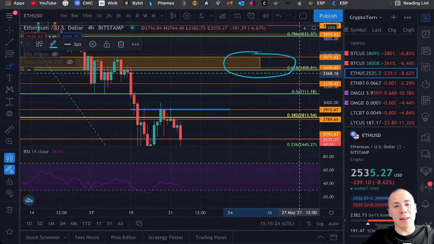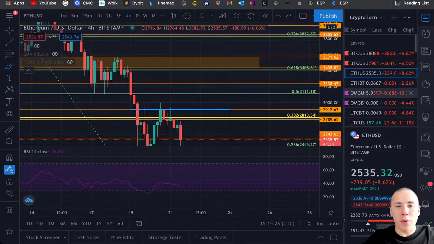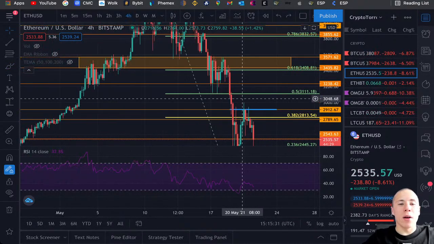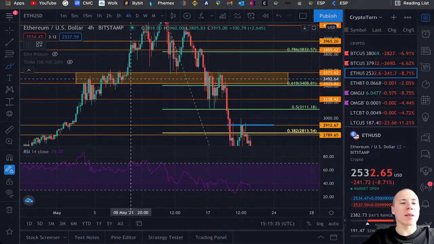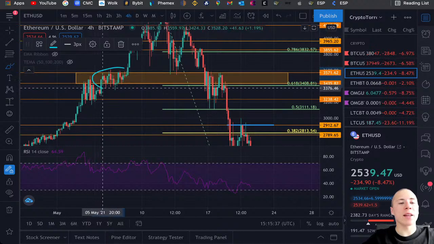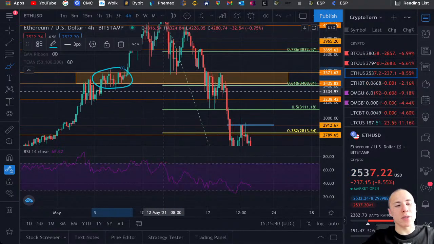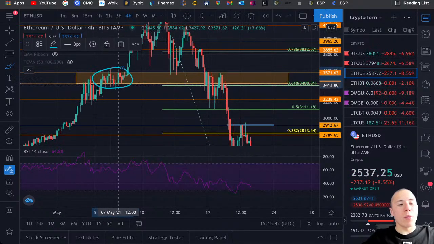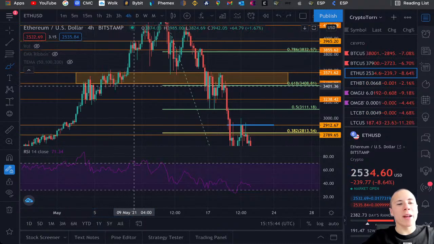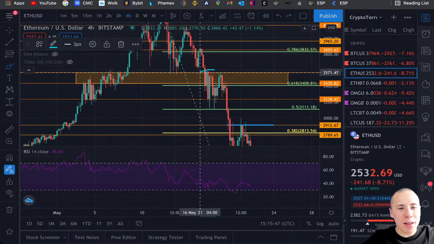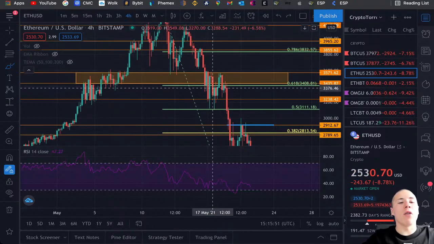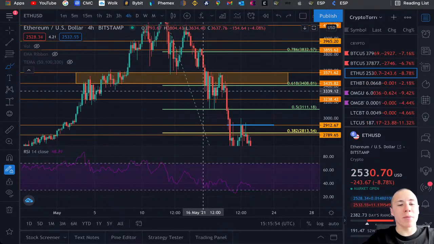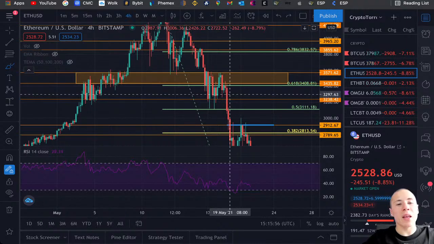So then we will have to take a look at this possible huge resistance above at approximately, let's take a look, $3,435. So that could be possibly very significant resistance for Ethereum, especially because we saw over here that we traded in between the orange box for several days, and we traded as well right underneath and right inside of the orange box for several days over here, from the 16th of May until the 19th of May.